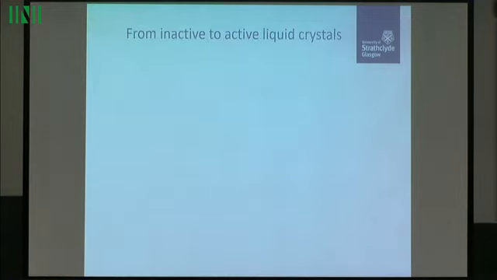Okay, so if we just run through a very quick summary of active fluids: isotropic liquids will flow through external influences. We can put on a pressure gradient, maybe gravity, things like that.